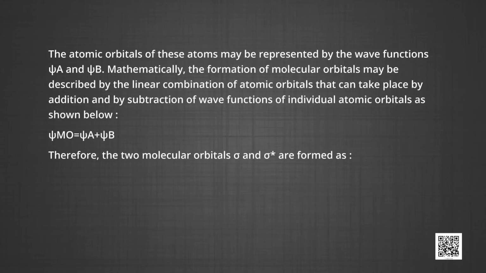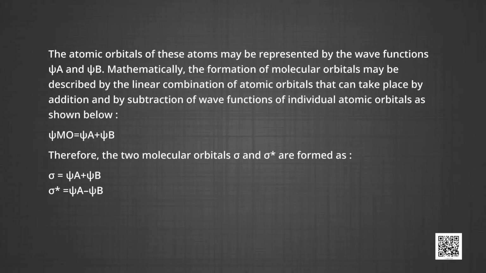Therefore, the two molecular orbitals sigma and sigma star, that is sigma antibonding, where the star depicts the antibonding, are formed as sigma equals psi A plus psi B. Sigma bonding orbitals are formed by constructive overlap between atomic orbitals.